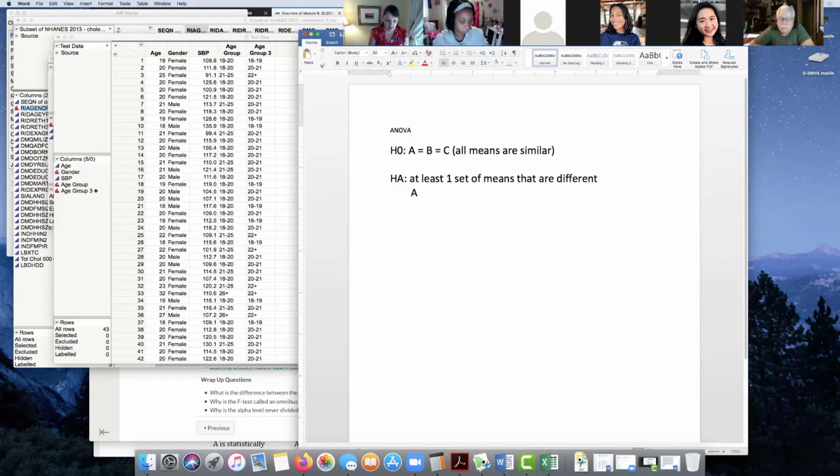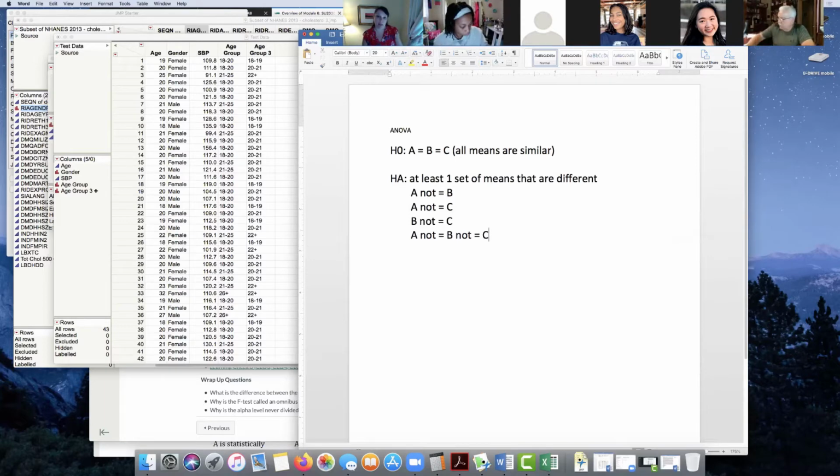We could have A not equal to B, A not equal to C, B not equal to C, or A not equal to B not equal to C. So there are 4 possibilities for the alternative. If we say that there's a difference, it could just be that A is different from B and C.